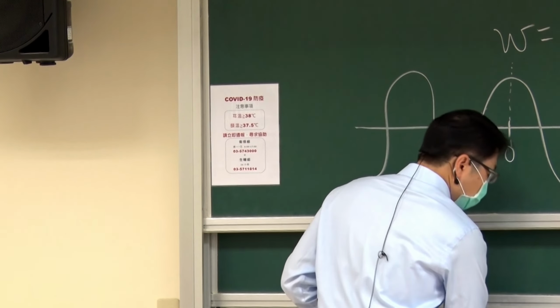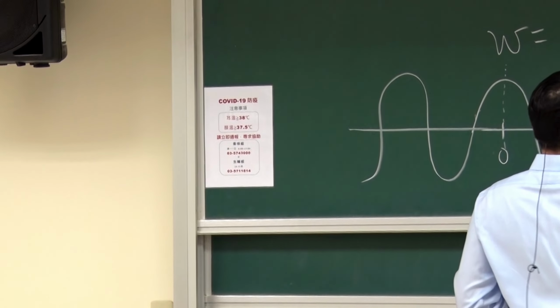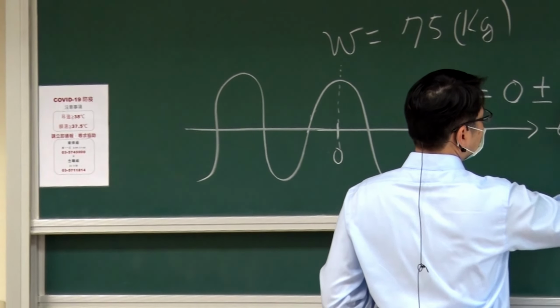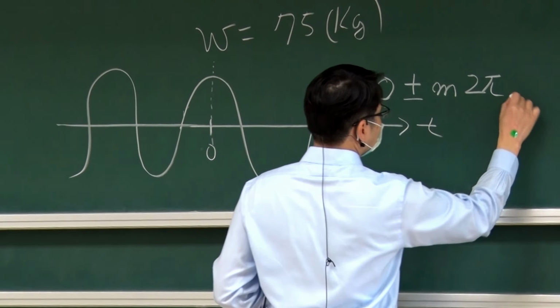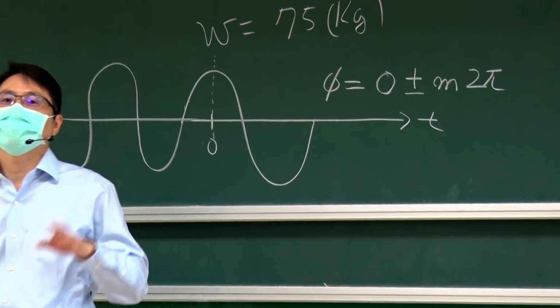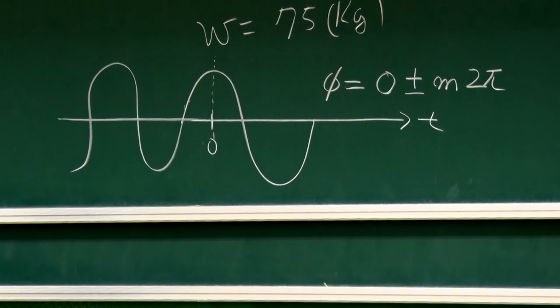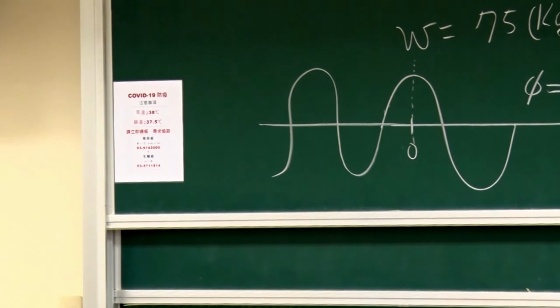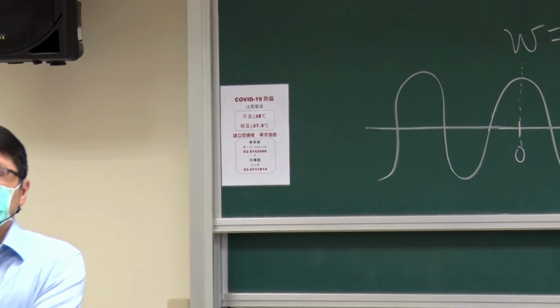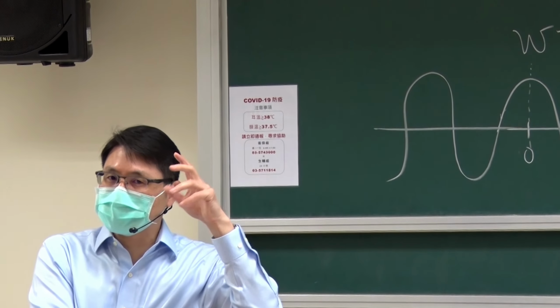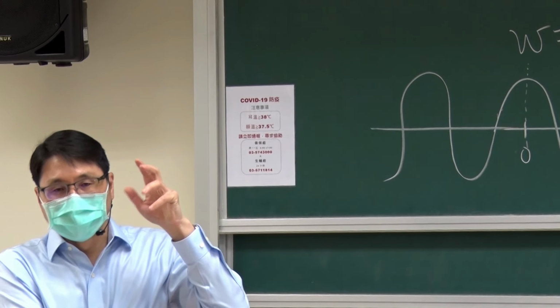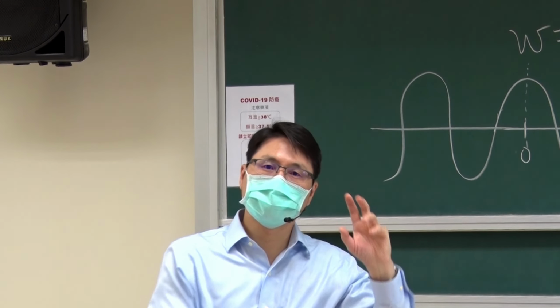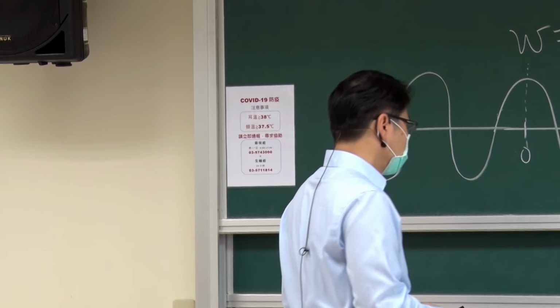So the correct answer to this is phi equals 2 pi times m, with m being an integer. So basically, you have some preliminary understanding of the meaning of phi.